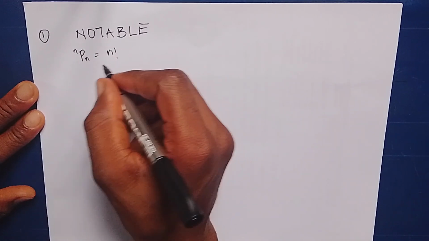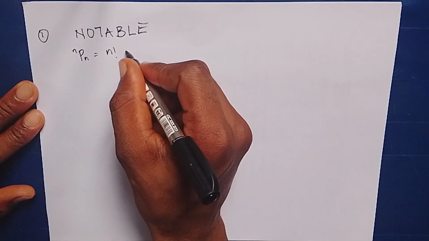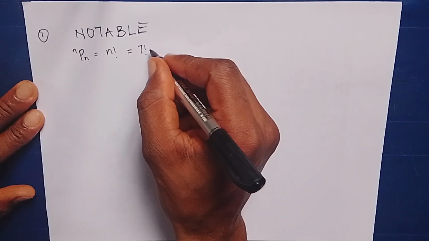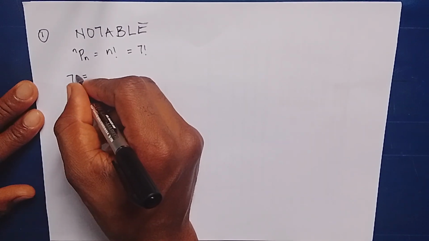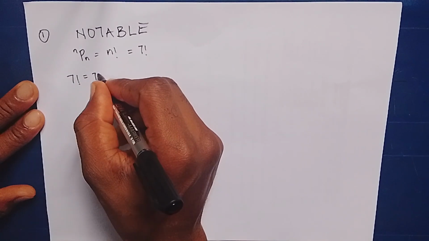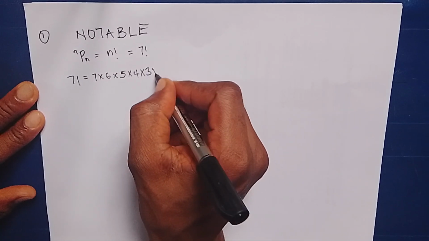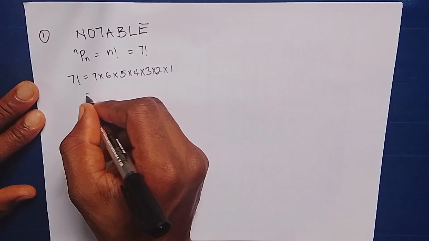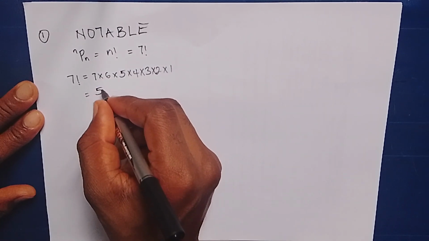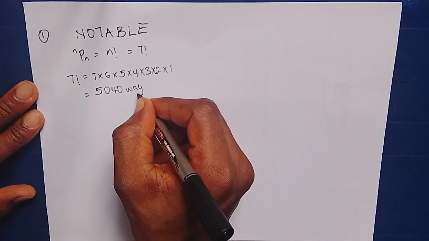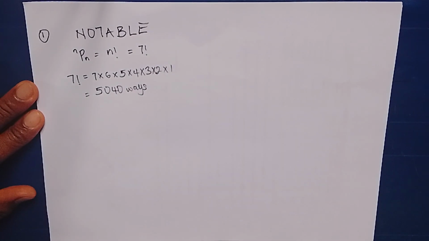So we have 7 objects, and the permutation is basically equal to 7 factorial. 7 factorial is equal to 7 times 6 times 5 times 4 times 3 times 2 times 1, which is equal to 5040. So there are 5040 ways to arrange the letters of the word notable.